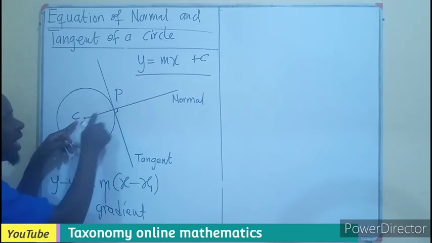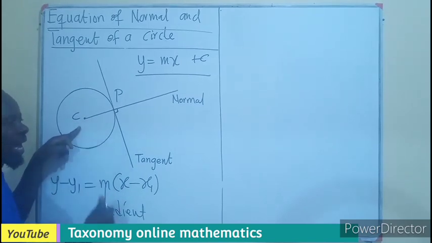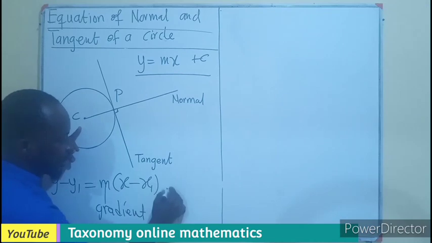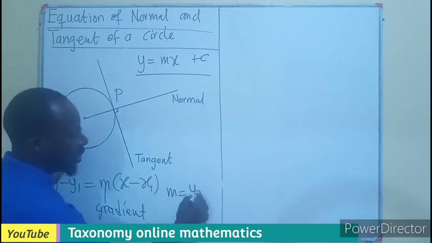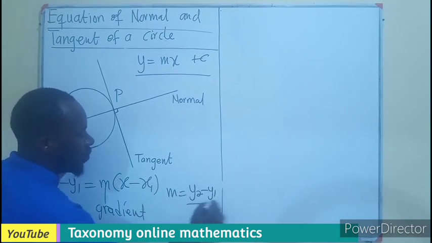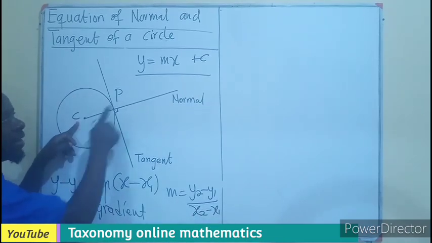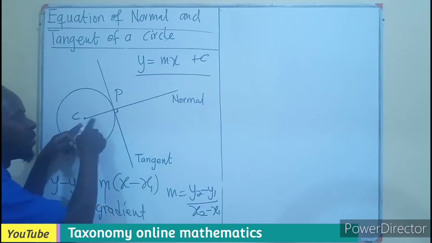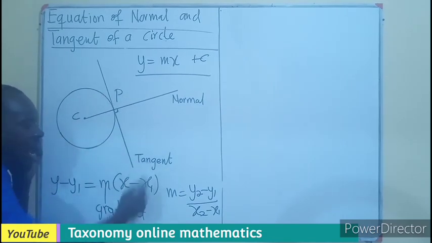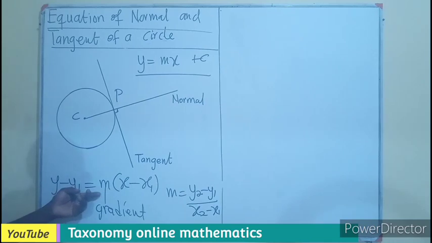If I find the value of the center, I can find the gradient as change in the y-axis over change in the x-axis. So we can see I'm having 2 points, this point and this point, I can find my gradient. Then I can substitute into this.